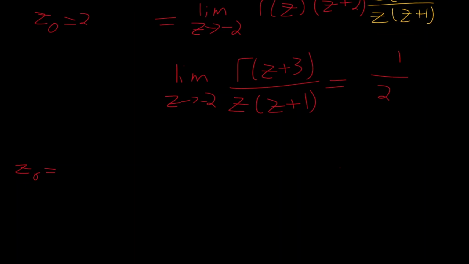So for the general case, we can say that z0 is going to be equal to some number, so we can just call this n, or really -n. This will make everything a little bit nicer.